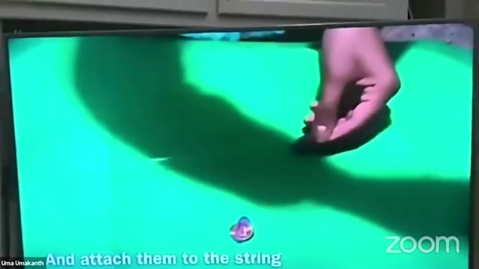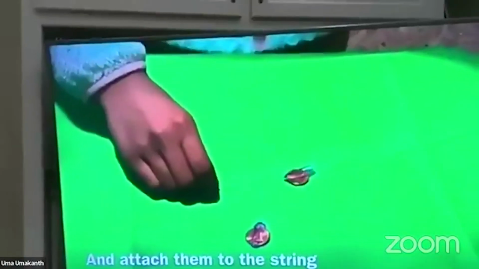This is Christina. So she's attaching pennies to paper clips, right? Correct. Yeah, that is the mass now. And then stringing them in that string.